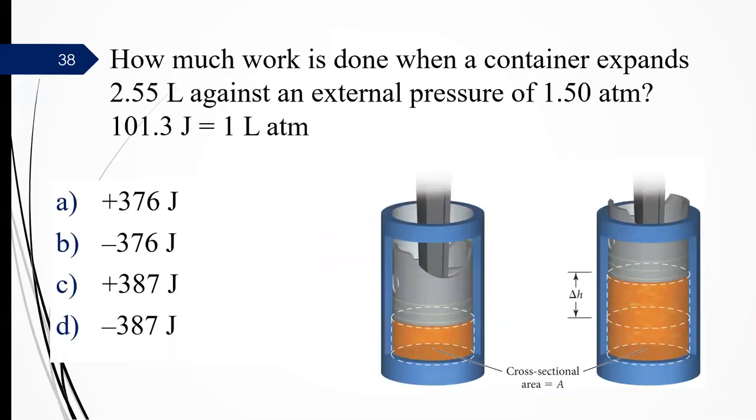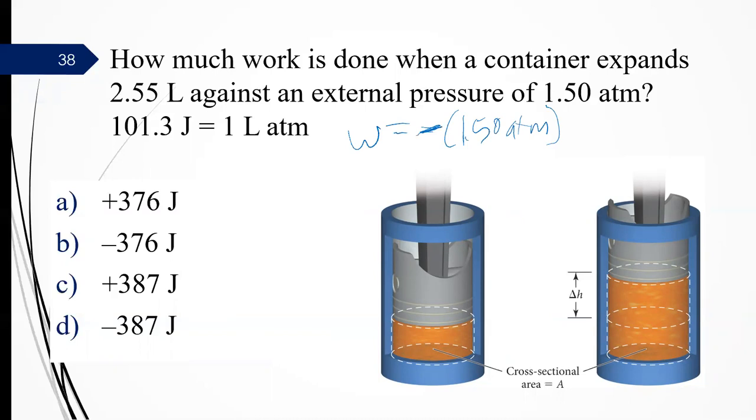So how much work is done when a container expands 2.55 liters against an external pressure of 1.50 atmospheres? We know that the work is the negative of the pressure, 1.50 atmospheres, times the change in the volume.